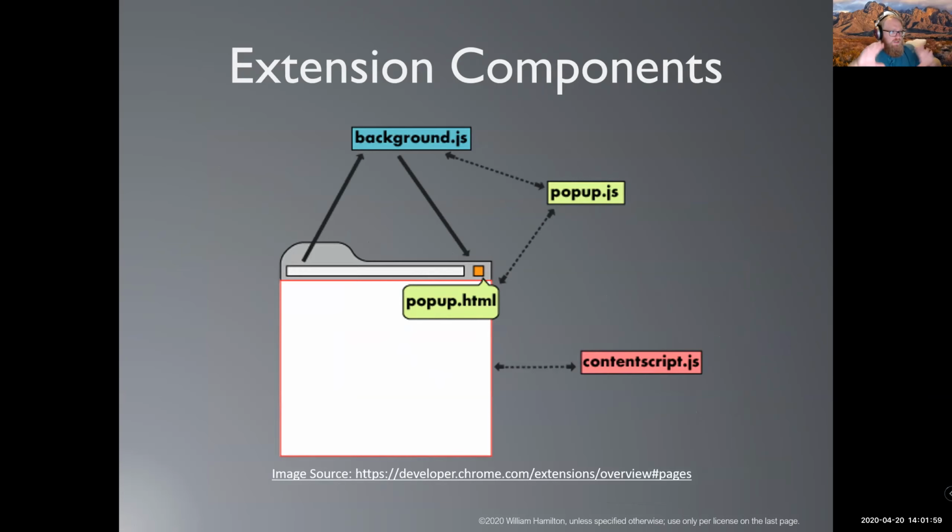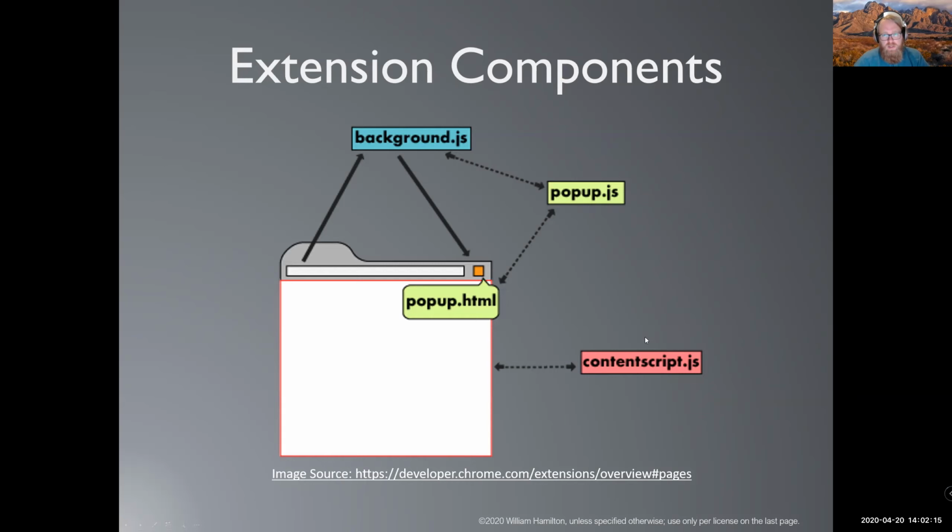All of these different pieces of your extension are separate code environments. They don't share variables. They can't just call functions within one another. They're all in separate environments that don't necessarily touch each other.